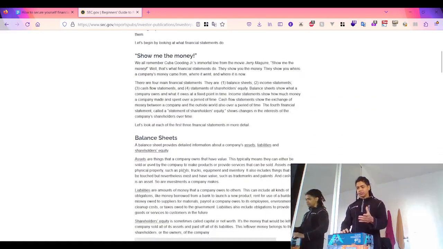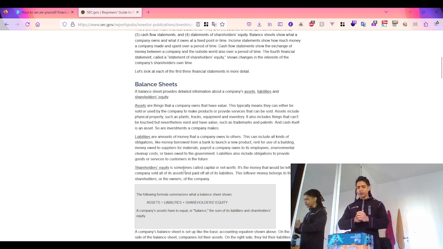So the TLDR of these financial statements: the balance sheet shows what a company owns and owes at a fixed point in time. The income statement shows how much money a company made and spent over a period of time.